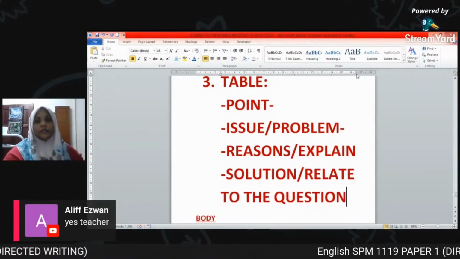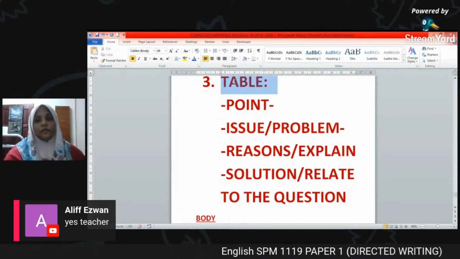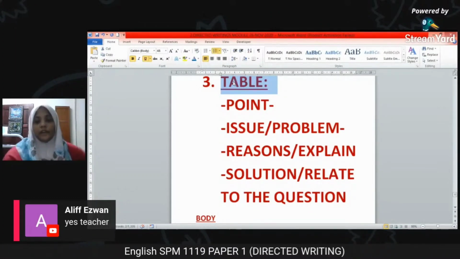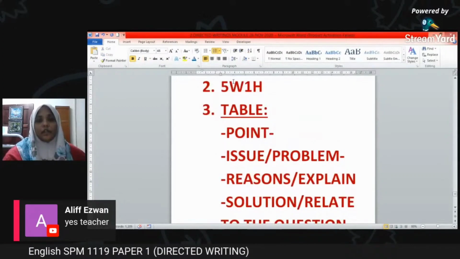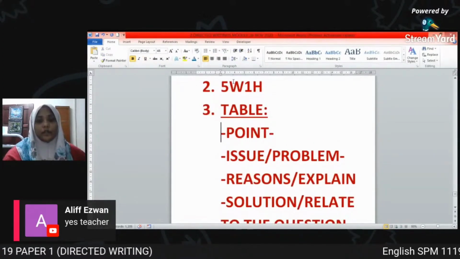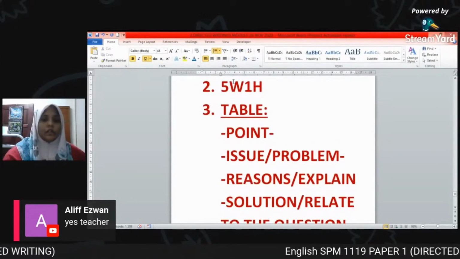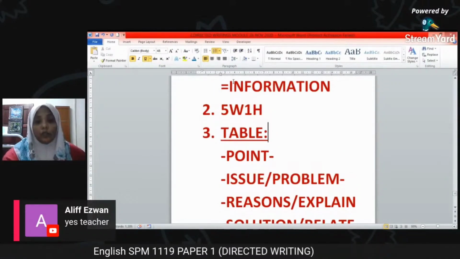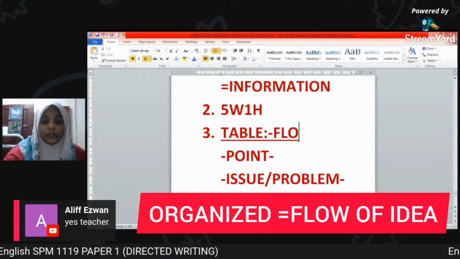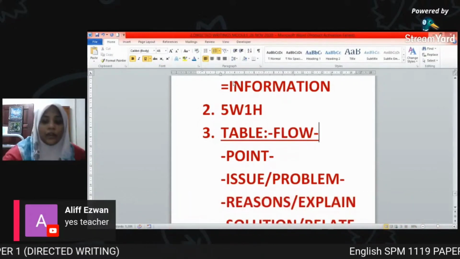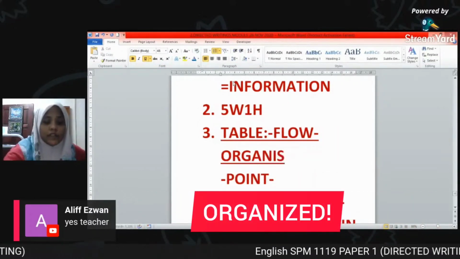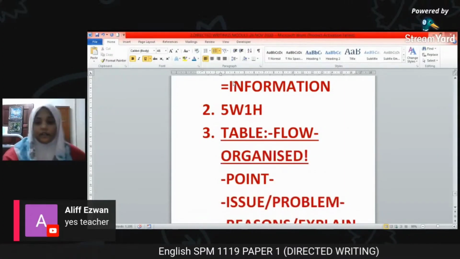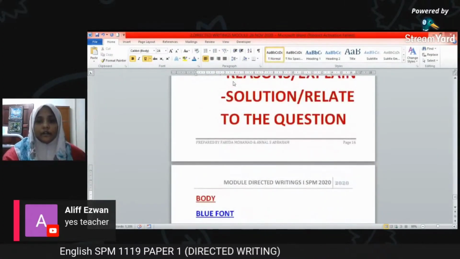All right, understand? Before you do your writing, have a quick draft, you don't have to spend much. Write it in table form so you can see the flow. Why do you need the table? Because you need to see the flow, so your points will be organized. Understand? All right, next.